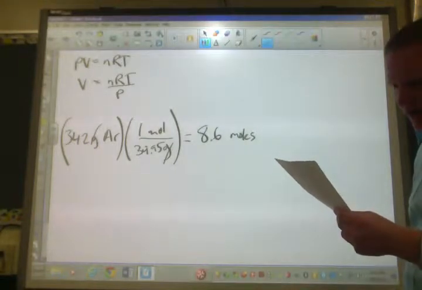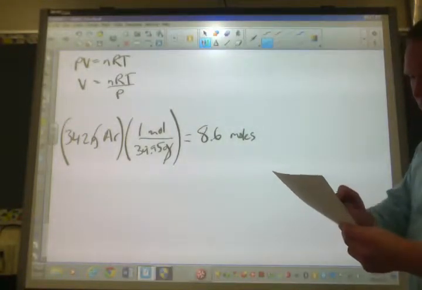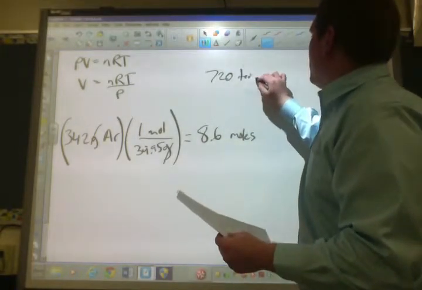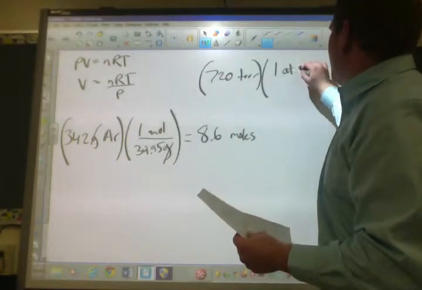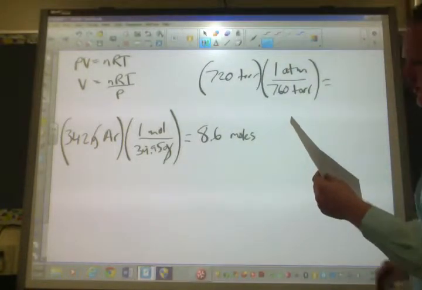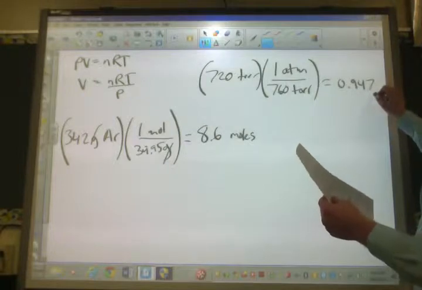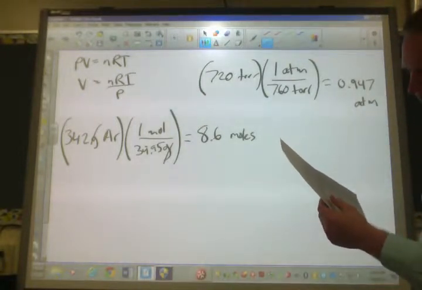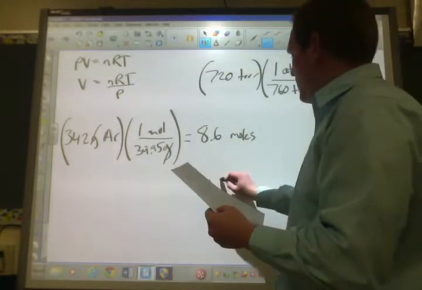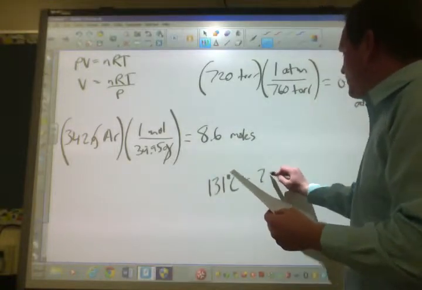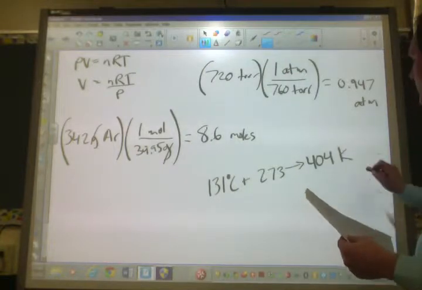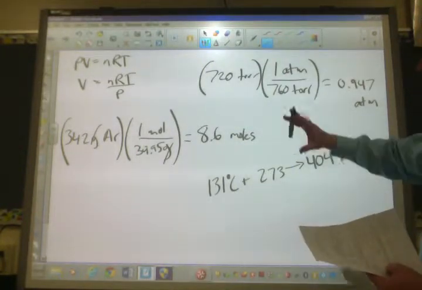Let's see, 720 torr needs to be converted into atmospheres. 720 torr times 1 atmosphere over 760 torr gives us 0.947 atm. And 131 degrees Celsius has to be converted into Kelvin. So 131 plus 273 gives us 404 Kelvin.